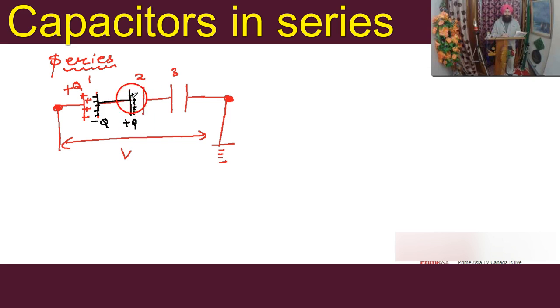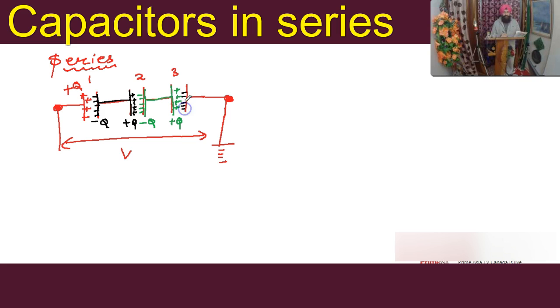Now again, because of this plus Q charge, there is another H, and again induction takes place. So the inner side of this H will acquire minus Q charge and the outer side acquires plus Q charge. Again induction takes place. Now there is no H, there is a single plate.